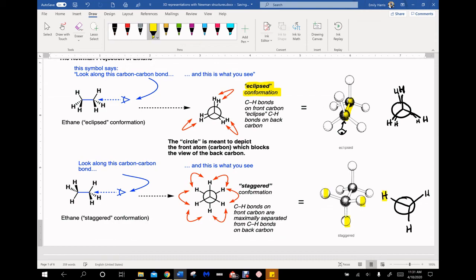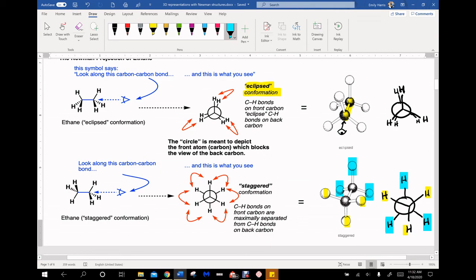So these are these 3 hydrogens right here. Then our back carbon also has 3 hydrogens. One is sticking up, and the other 2 are sticking down into the left and down into the right. And so where the hydrogens are alternating, this is what we call a staggered conformation.